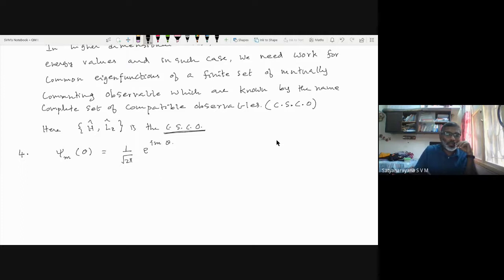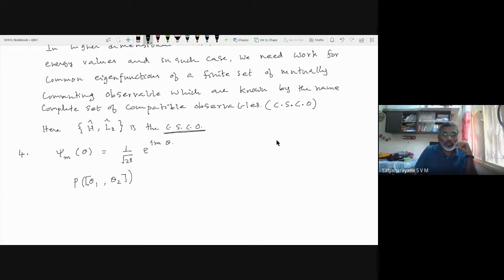Now the question he is asking is: what is the probability that the system is in an interval between theta 1 and theta 2?